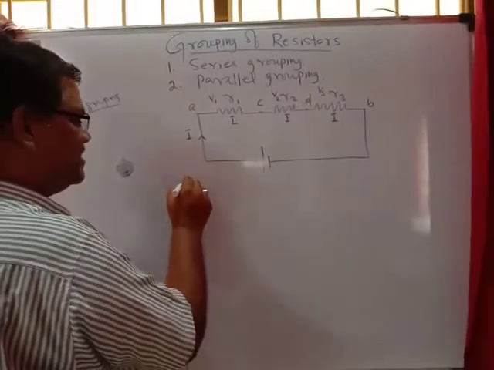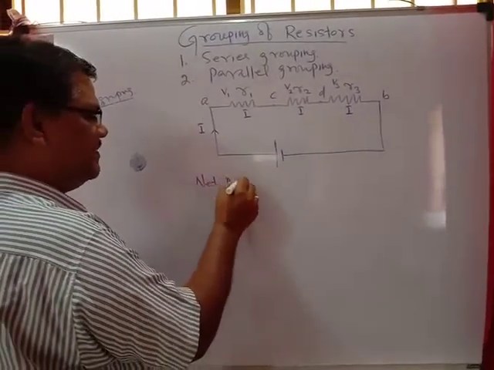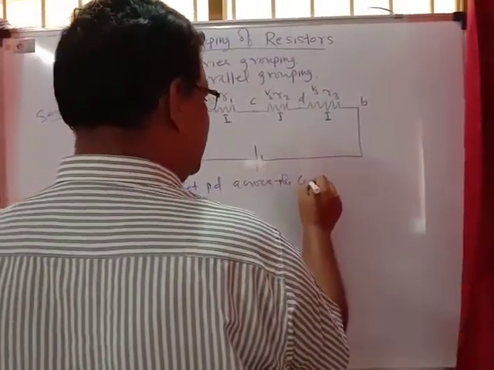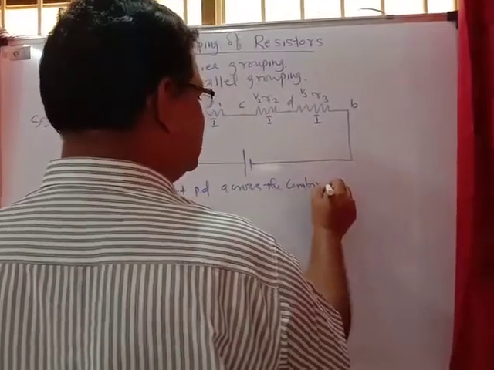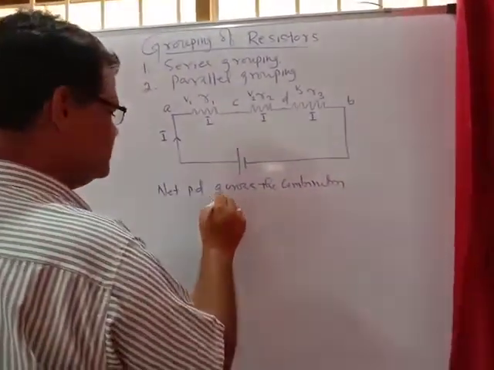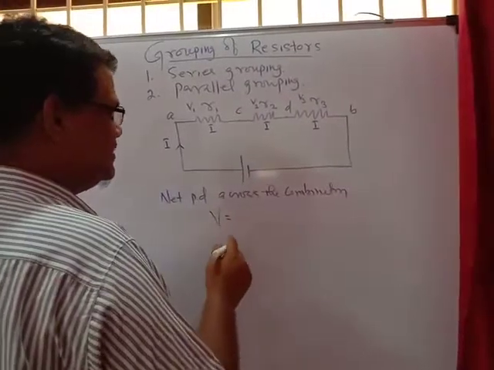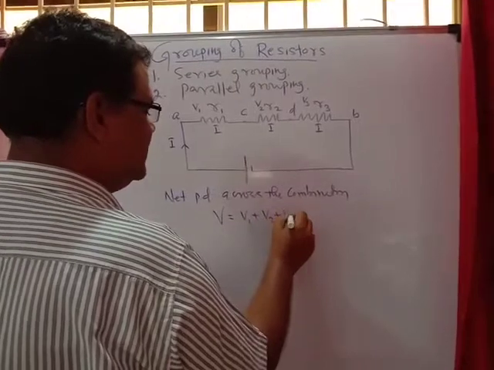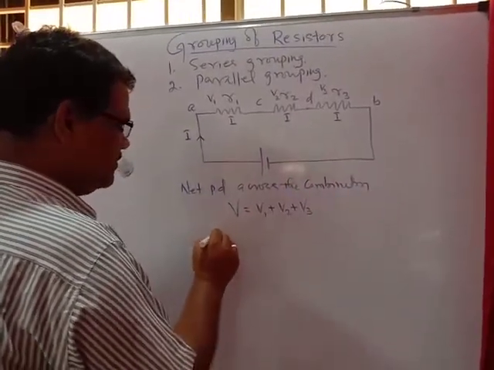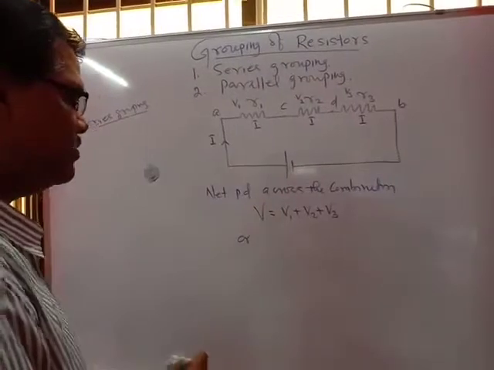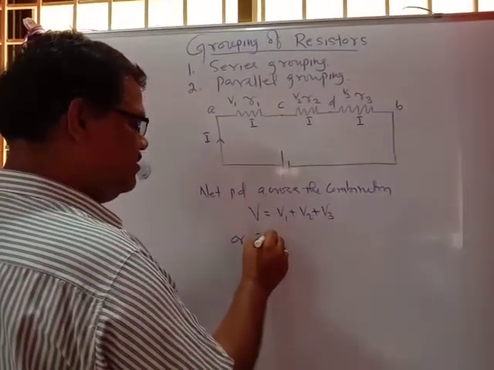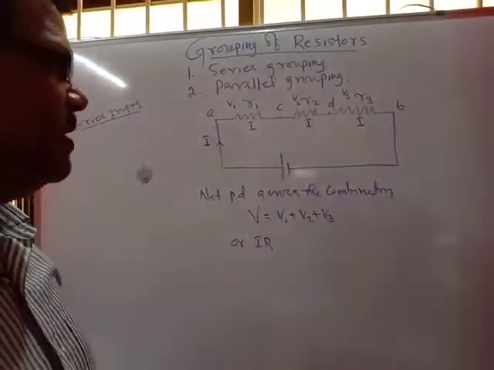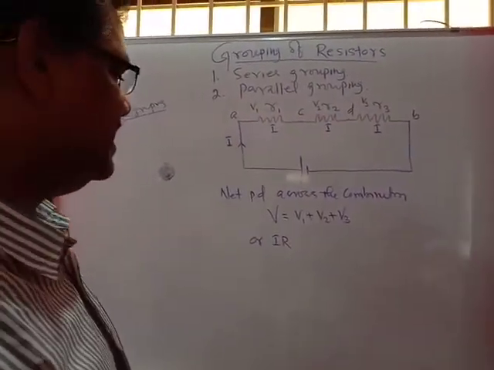The net potential difference across the combination, V, is equal to the sum of the individual potential differences, that is V1 plus V2 plus V3. Also, net PD equals net current into net resistance. The net current drawn is I, and the net or equivalent resistance of the combination is R.